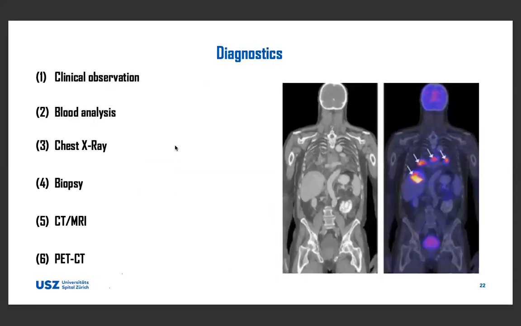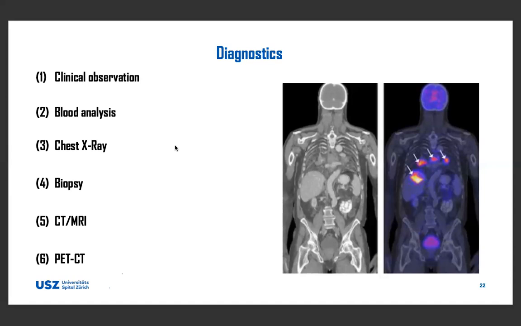How do we diagnose this condition? So if we are suspicious that the patient might have lung cancer, how do we detect it in a way that we are absolutely sure that this is a certain kind of lung cancer? The first and most important one is clinical observation.